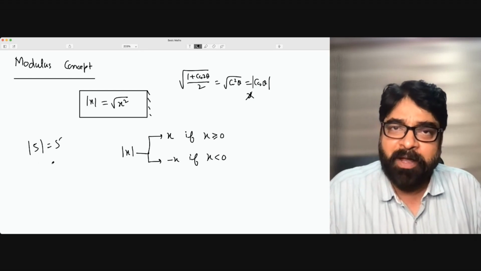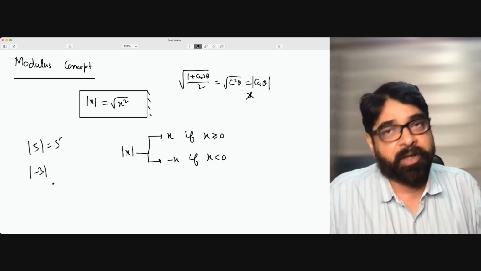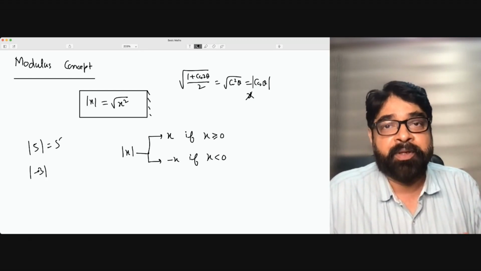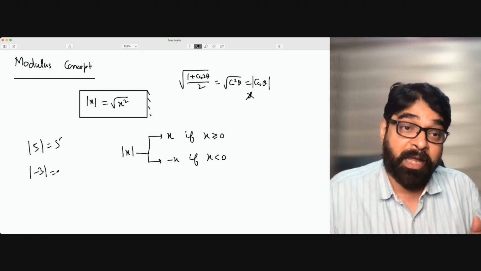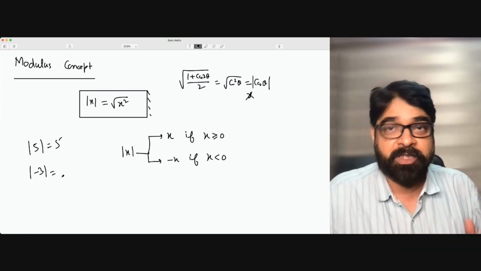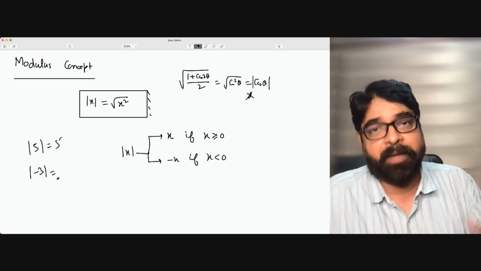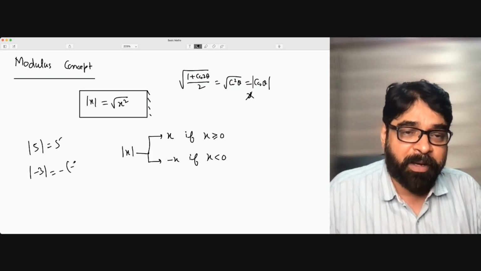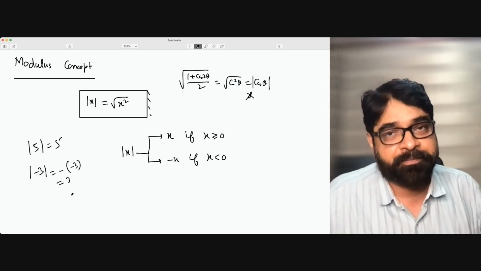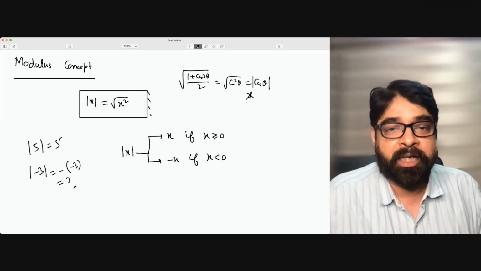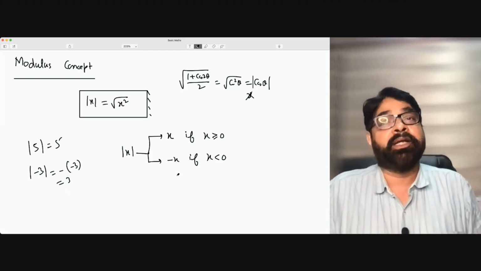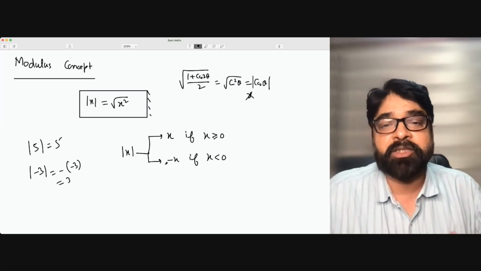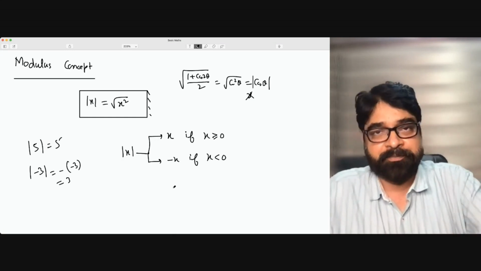You can remove mod, simply 5. But if you're saying mod of minus 3, this is negative. You cannot directly remove mod. If you remove mod directly, it will be minus 3, which is wrong because absolute value never is negative. You have to write minus of minus 3, which becomes 3. Do you understand? So that is what is defined. Whenever x is positive, you write x. Whenever x is negative, you write minus x.